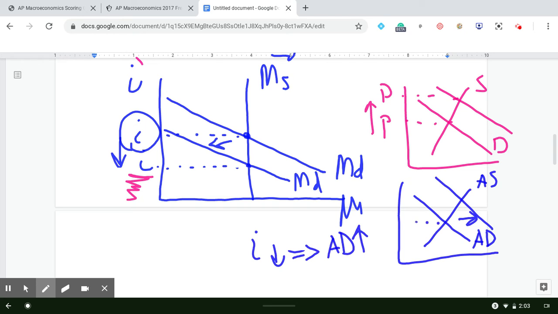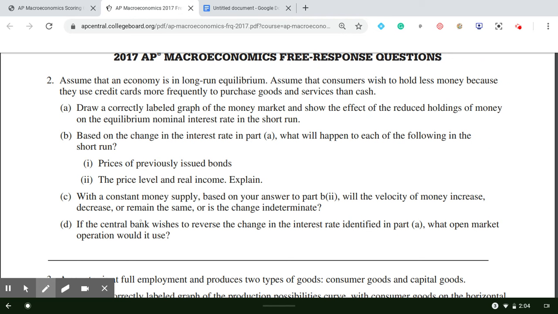And as that happens, the price level rises and output goes up. So you would say the price level would rise and the real income would rise because the drop in the interest rate will cause an increase in interest sensitive purchases, which will cause the AD to increase.